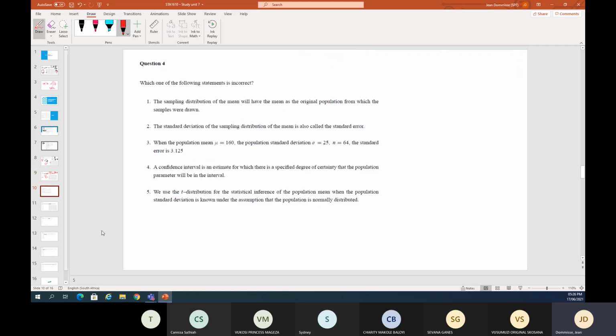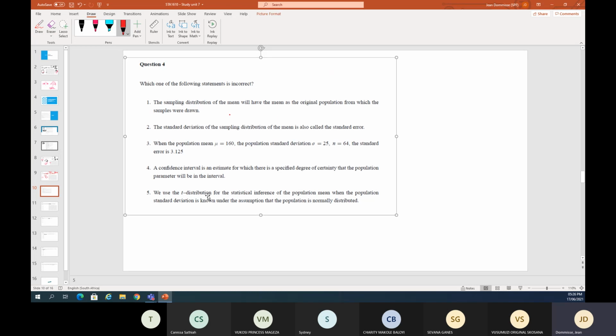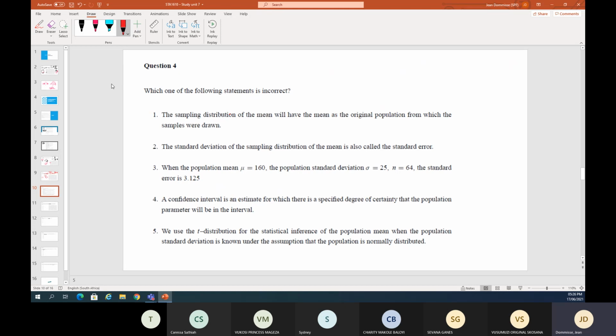Let's look at what's in the next set of questions. This one is looking at a few things. By asking you to look at the information they give you, they ask which one you think is incorrect.